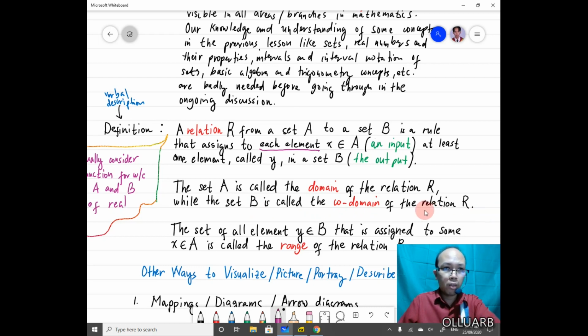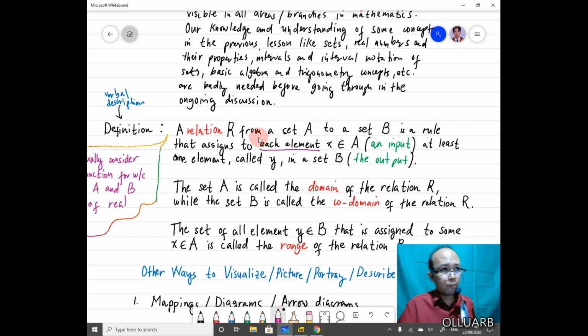R. And by the way, there is an important function of the letter R here. Usually in many books, they denote the relation by the capital letter R, and if there is any other relation, they call it R sub 1, or R sub 2, or R sub 3.